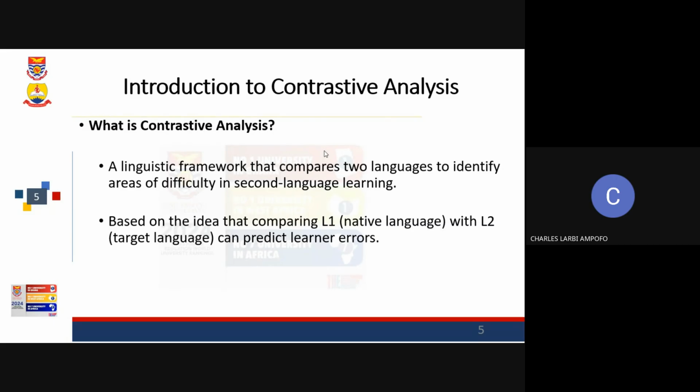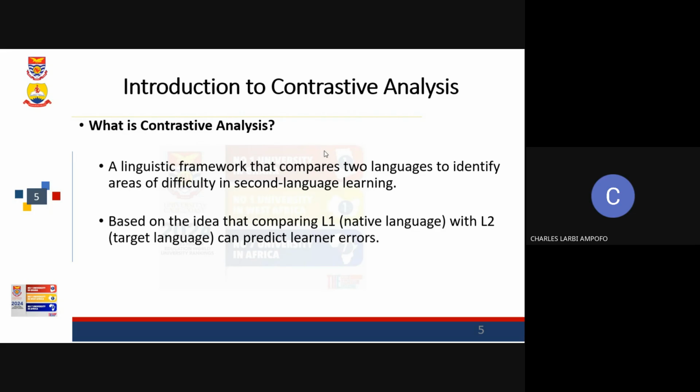I'm saying this because in our classes, we don't have a homogeneous group. Some are Fanti, some are Ga, some are a whole lot. You know, it's difficult to find a classroom in Ghana where the students are of homogeneous linguistic background. That is to say that their L1 may not be the same.